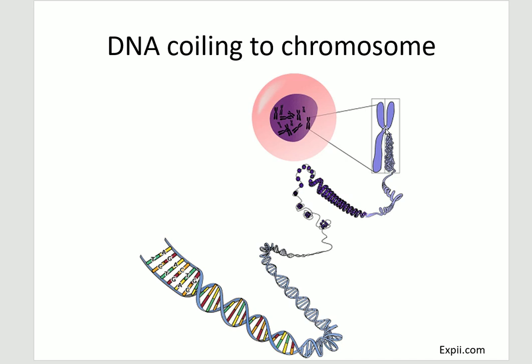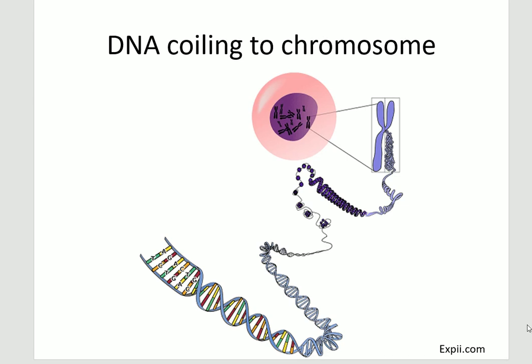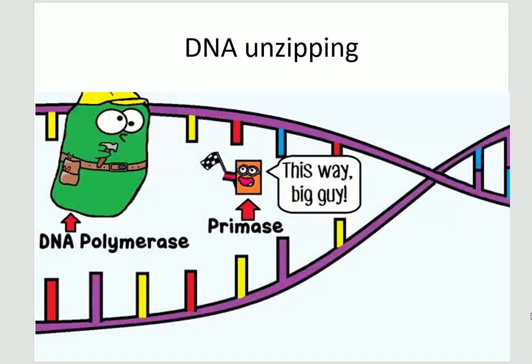That'll be important when we talk about how it breaks apart in mitosis. But that's how we go from a ladder DNA double helix to a chromosome. Lots of twisting, lots of coiling. We're not going to get into the super details of this because we could teach a whole class just on replication, transcription, translation.